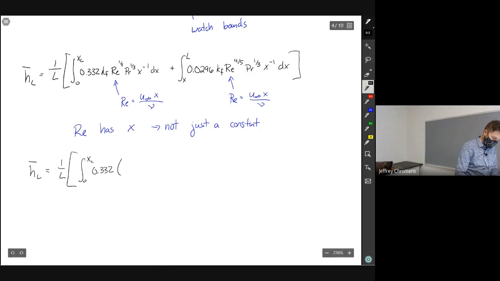Write it like this, and handle. So this would be an x to the 1/2 times x to the -1. So this is x to the -1/2 dx.